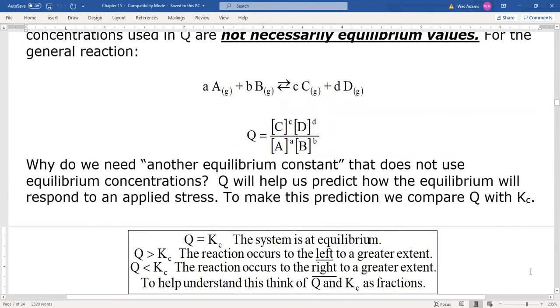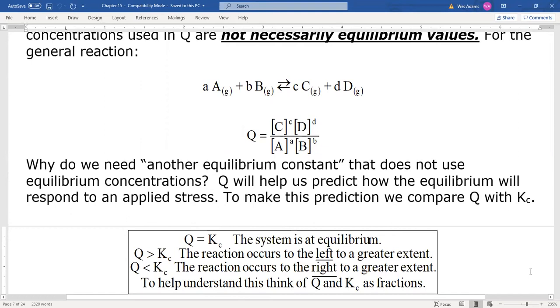So if Q is equal to K, then we know we're at equilibrium. So the values we plugged into the Q were actually equilibrium concentrations, and so we calculated the equilibrium constant, and no shifting of equilibrium would occur.